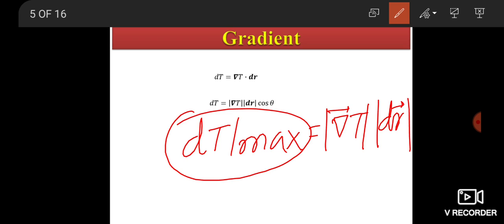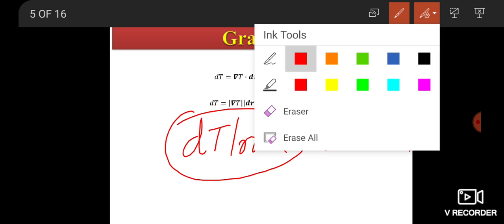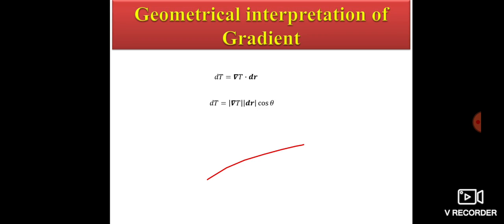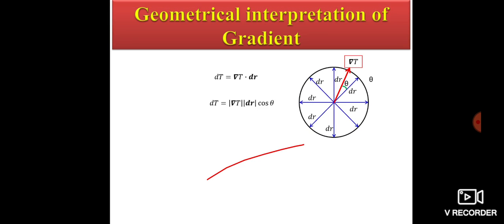So let's try to understand this phenomenon geometrically. Let in space we move an infinitesimal displacement dr along an arbitrary direction.